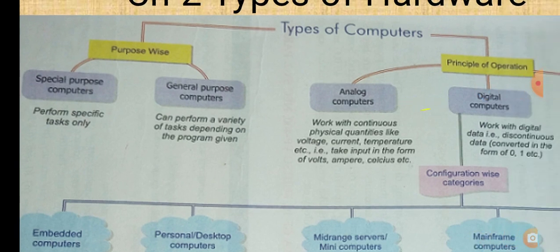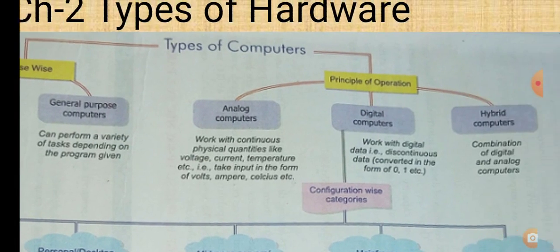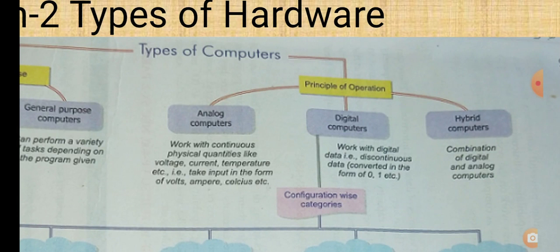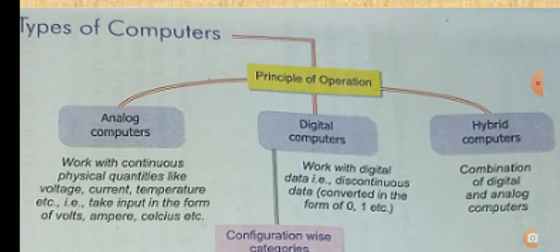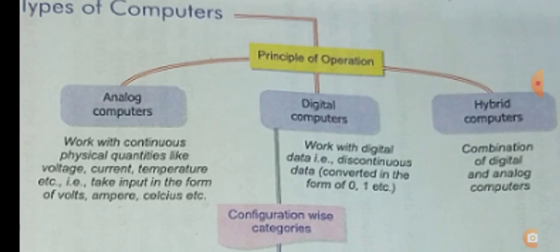Second, which is the main and important type of computer, is on the basis of operations. So on the basis of principle of operation, we can divide computers into three basic categories: analog computers, digital computers, and hybrid computers. Analog computers work with continuous physical quantities like voltage, current, temperature, etc. That is, they take input in the forms of volt, ampere, and Celsius.